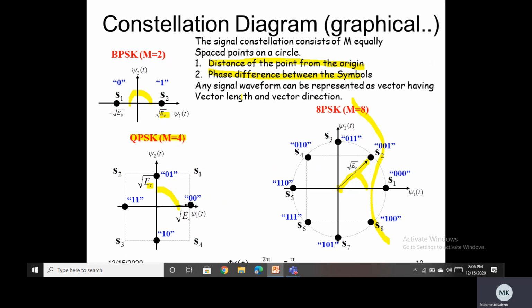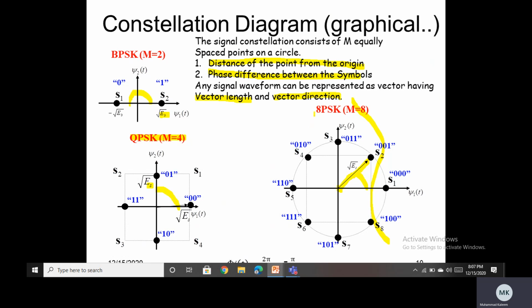So any signal waveform can be represented as a vector having vector length. Vector length is basically the distance from the origin to the point, and the vector direction, which is the phase difference between two symbols. Likewise, a constellation diagram can be used to represent any digital modulated signal or digital modulation scheme.